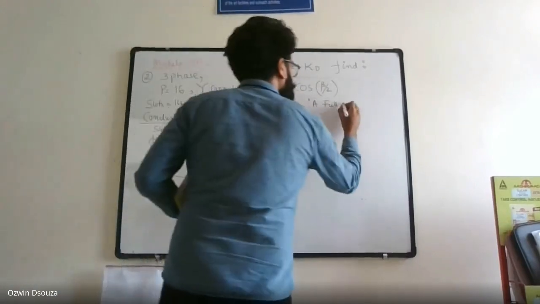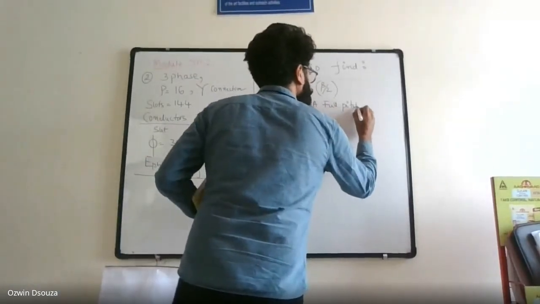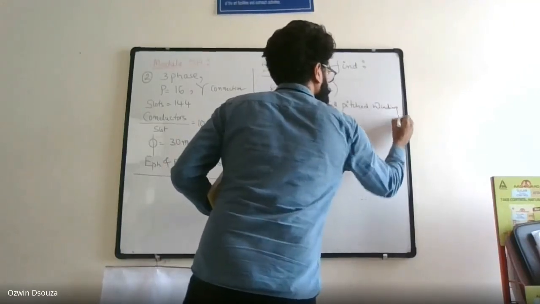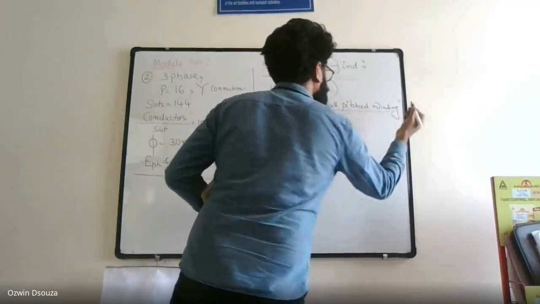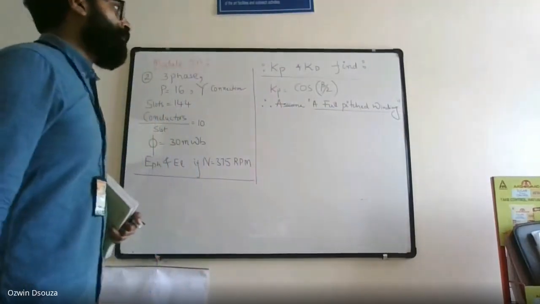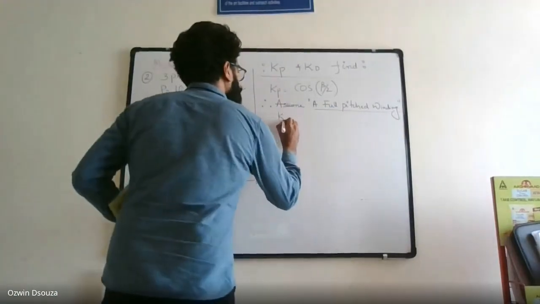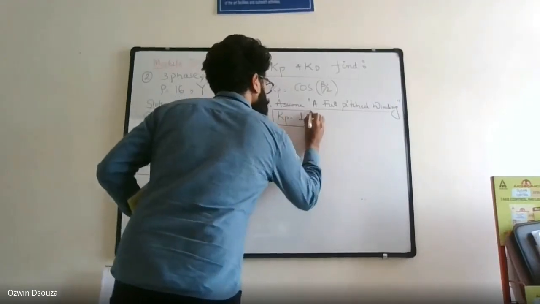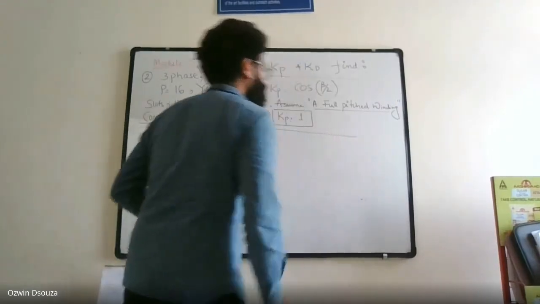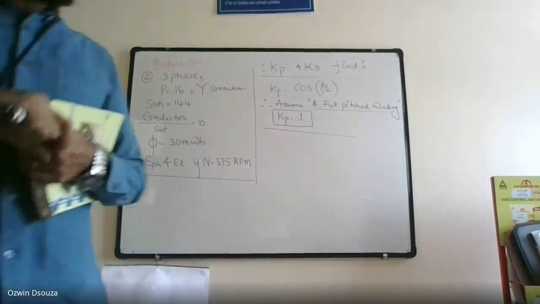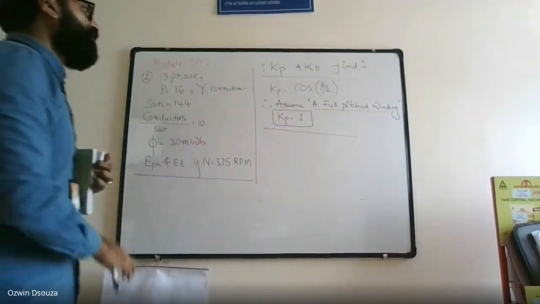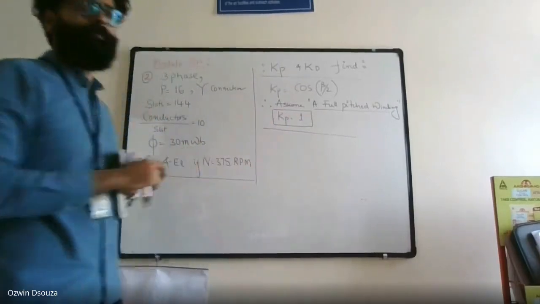Okay, assume a full pitched winding, due to lack of data. So for a full pitched winding, Kp is 1. So that's your first decision about Kp, which is 1, by assuming a full pitched winding.